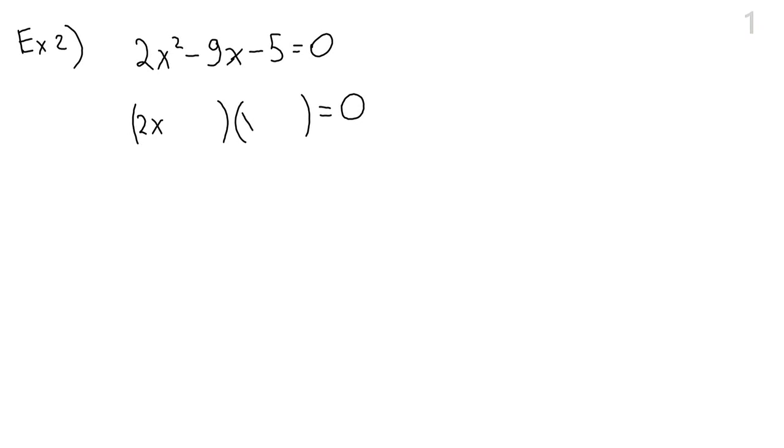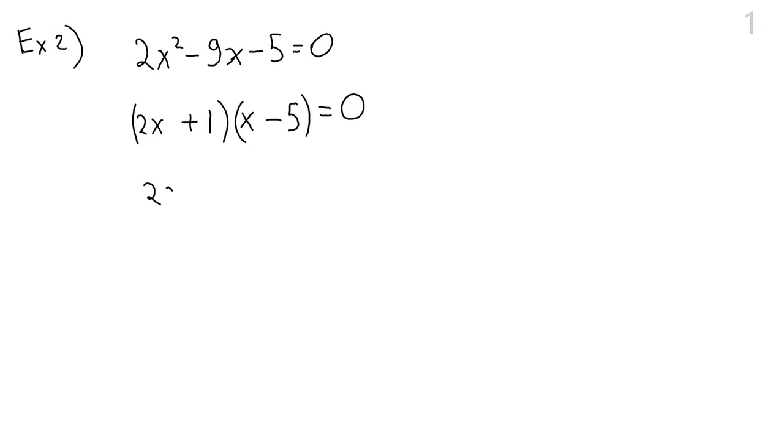If I have a 2x and an x here, I can see that this is going to be 2x plus 1, and this is going to be x minus 5. And I can cross multiply to check. If I cross multiply, I get 2x times -5, that's -10x, and 1 times x, that's x. So x plus -10x is -9x, and the product of +1 times -5 is indeed -5.